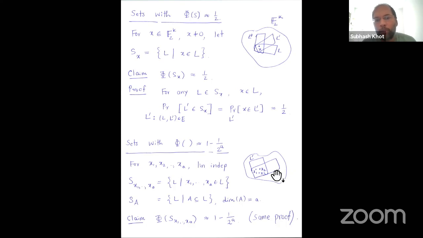Therefore, if you start with a random vertex in this set and take a random edge, you stay inside with probability 1 over 8, and the expansion will be 1 minus 1 over 8, which is 7 over 8. So in general, if you use points x1, x2, up to x little a, this is a set whose expansion is 1 minus 1 over 2 to the little a. As long as little a is a small constant, these are sets whose expansion is strictly bounded away from 1. Okay, so I hope it is clear what these sets are.